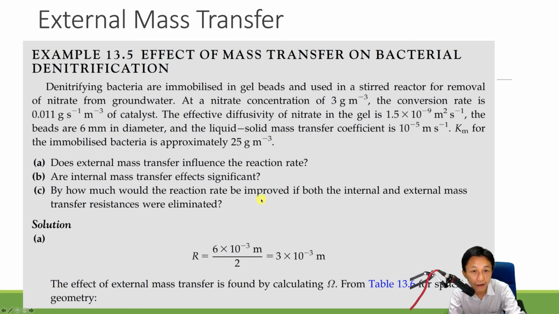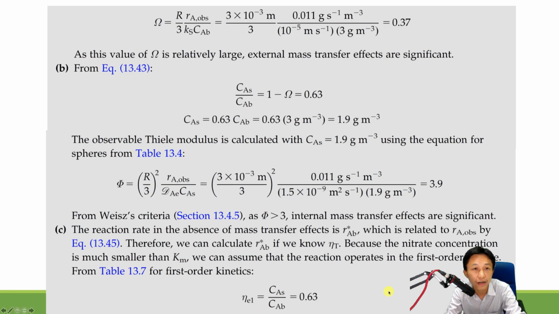We have R here from 6 to 3, 6 millimeter to 3 millimeter. The table here is for a sphere. This omega is quite large, so external mass transfer is significant.